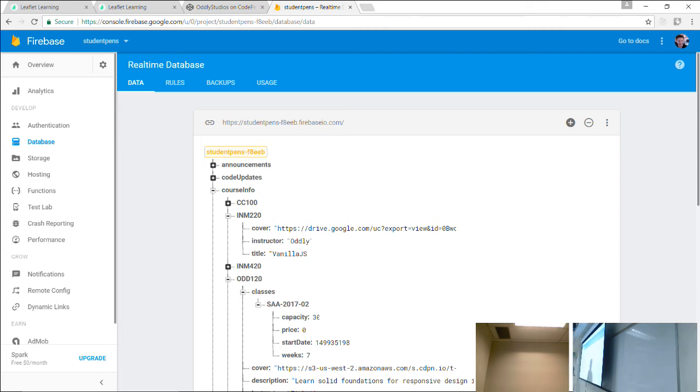What's going on there? So remember yesterday I was telling you guys that most of the work that used to be done on the back end has now been moved to the front end. And we're using a service called Firebase for the back end instead of having to write all of this code.